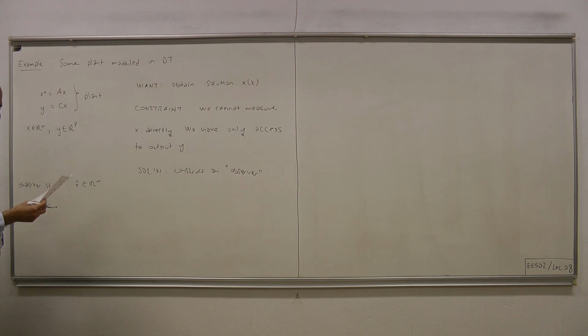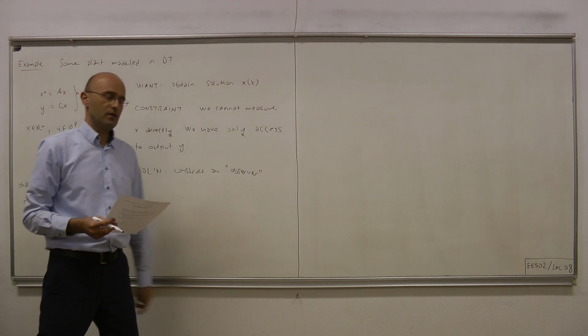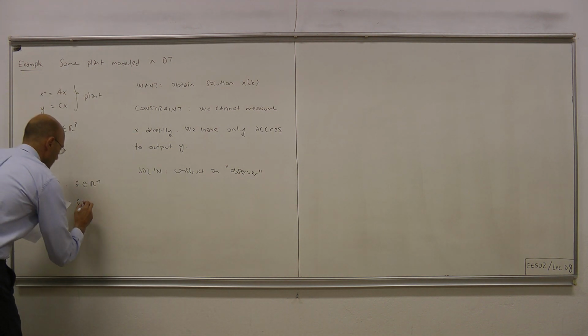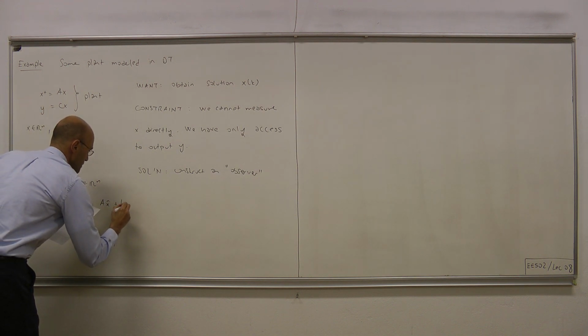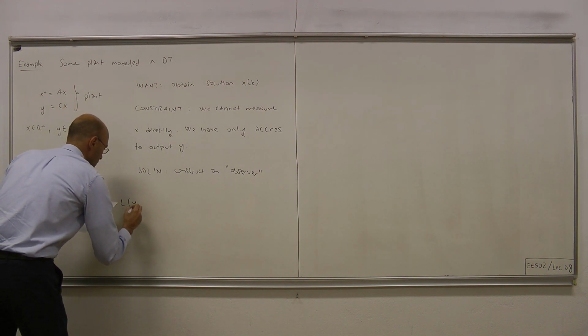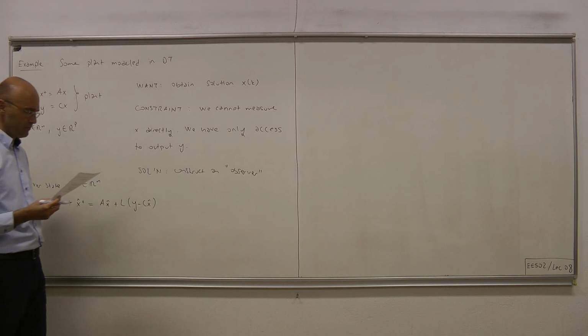The observer state is x hat, and the observer dynamics has the following form, due to Luenberger: x hat plus equals A x hat plus L times (y minus C x hat).